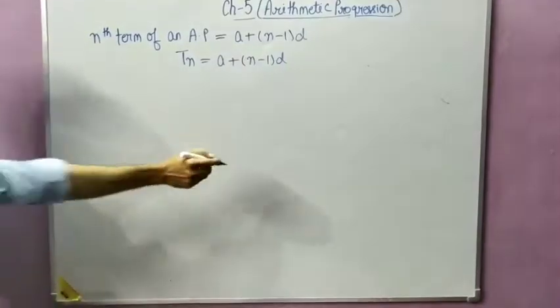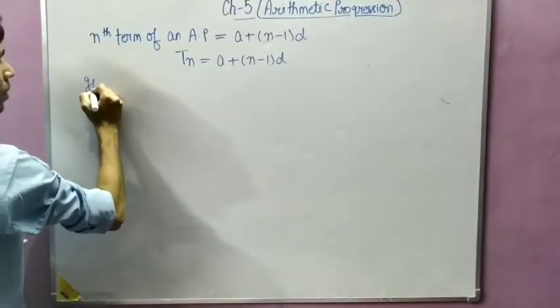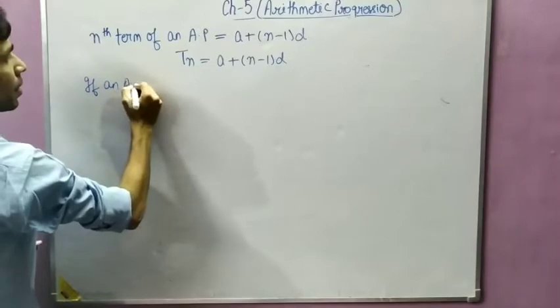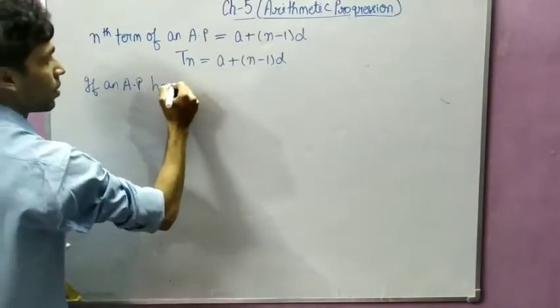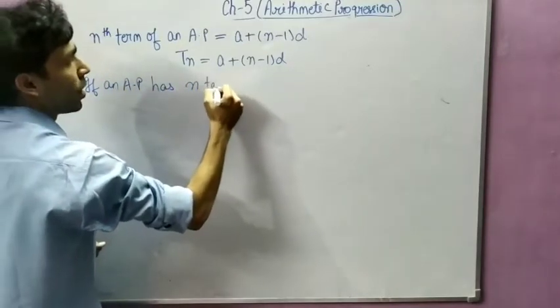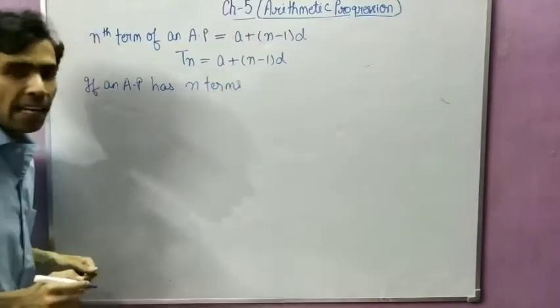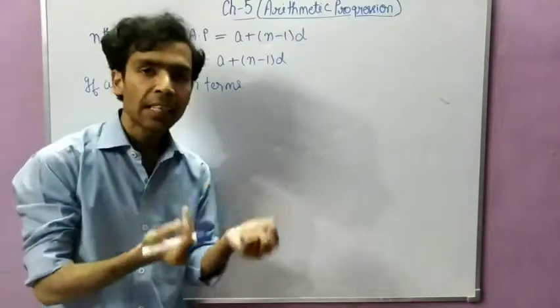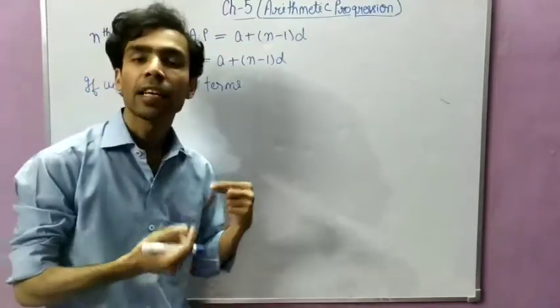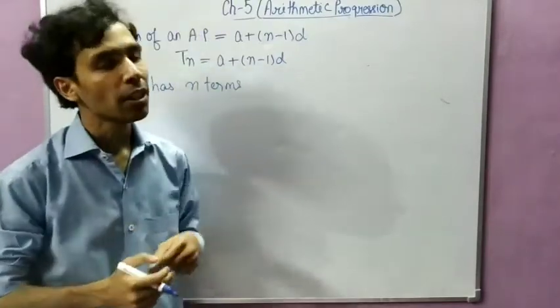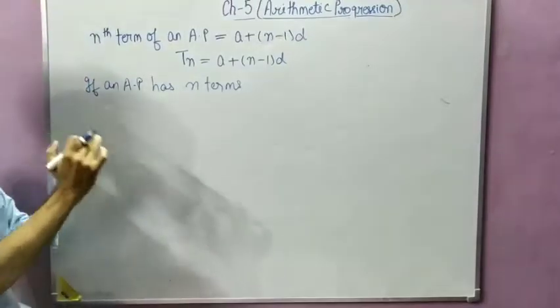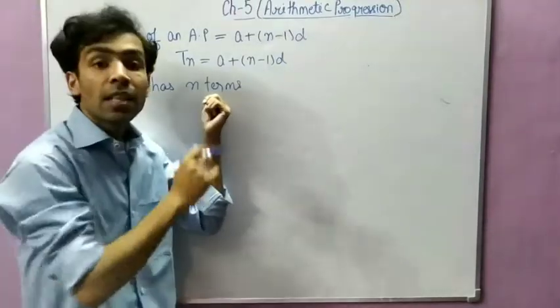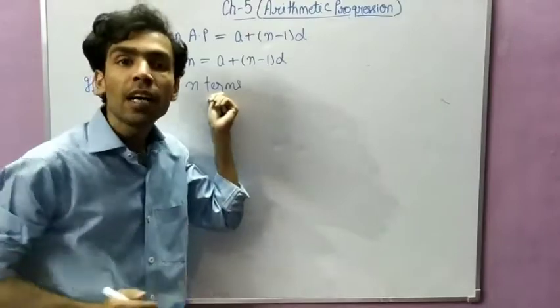Suppose an AP has n terms, which means it has finite terms that we can count. So whatever the value of n, that will be the last term of the AP also.